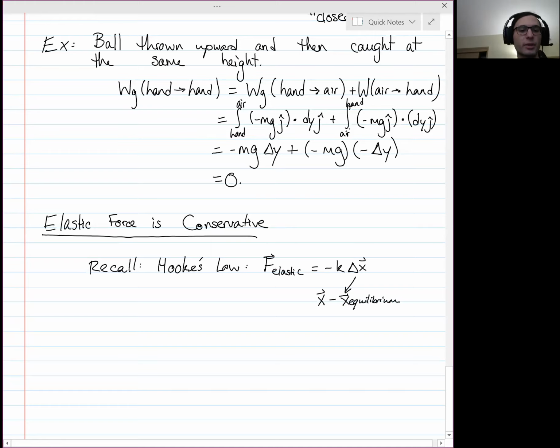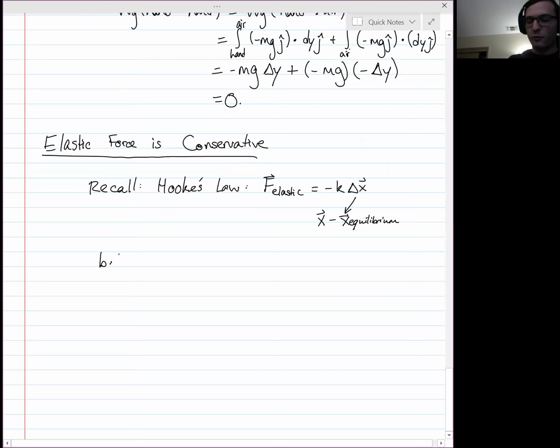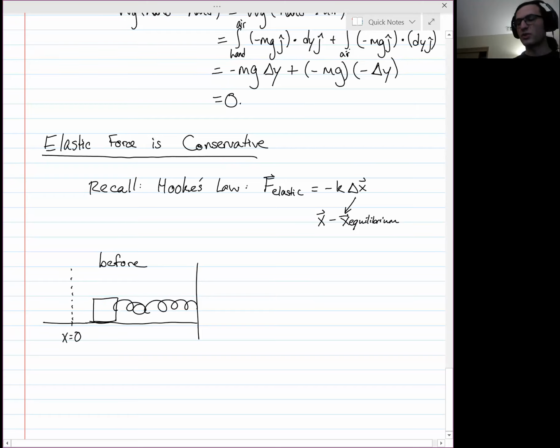So let's compute the work done by a spring on a block as the spring is compressed. So draw a picture of the before. So we have our spring, we have our block. Let me draw this out a little bit further. Let's say that this distance here is x equals 0, just because we need a coordinate system, and we're not going to worry about the y-axis because this is a one-dimensional problem.